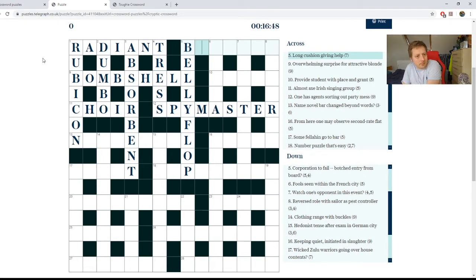Yeah, it could be some form of pillow as well. More support than help. Nope. Gosh, I'm not getting many of these off the bat. I'm going to save that for crossword too, I think. Yes. Can I have a hint, please?